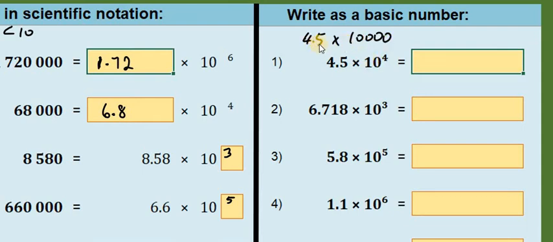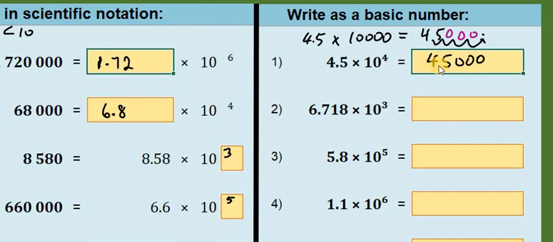And we'll need to shift this point 4 places to the right. So that's the 4, and this 5, this point here will shift once, 2 times, 3, 4 times. And then we simply enter some zeros to hold place value. So we'll have 4, 5, 1, 2, 3 zeros at the end. 4, 5, 0, 0, 0.